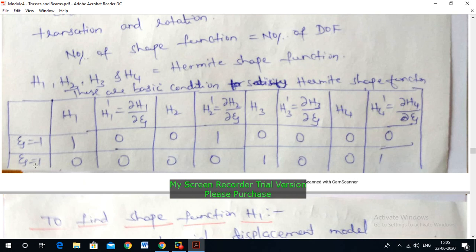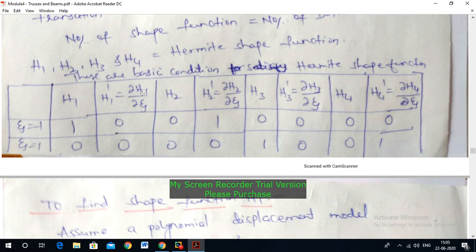And next, at node 2 zeta is equal to 1, h1 equal to 0, h1 dash is 0, h2 is 0, h2 dash 0, but h3 equal to 1. The boundary condition at node 2, h3 equal to 1, h3 dash is 0, h4 equal to 0, and h4 dash is 1 always. See, you should remember this table.